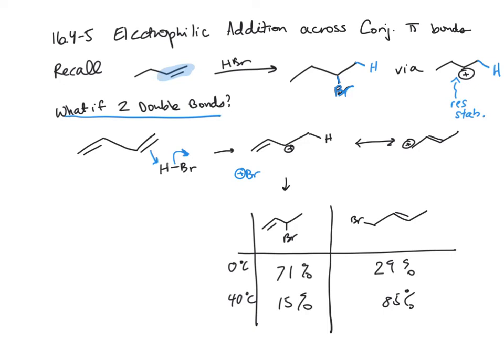You can draw an arrow here that shows how you get to the second resonance structure, where the cation is not primary, we know we can't draw primary cations. It is a vinylic cation, meaning that it is stabilized by the alkene or vinyl group.